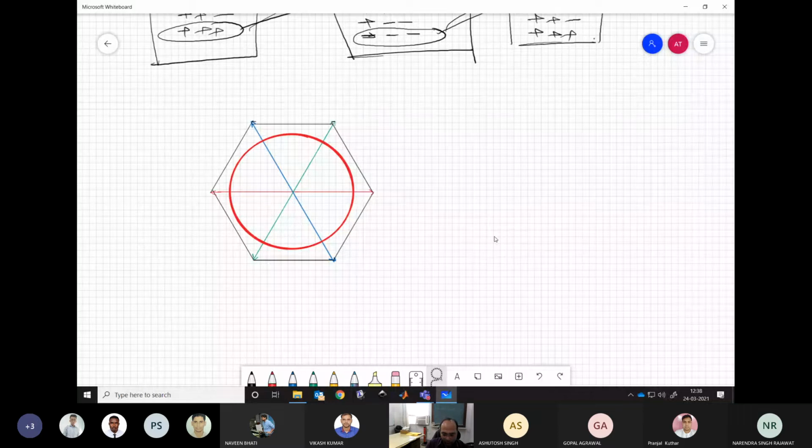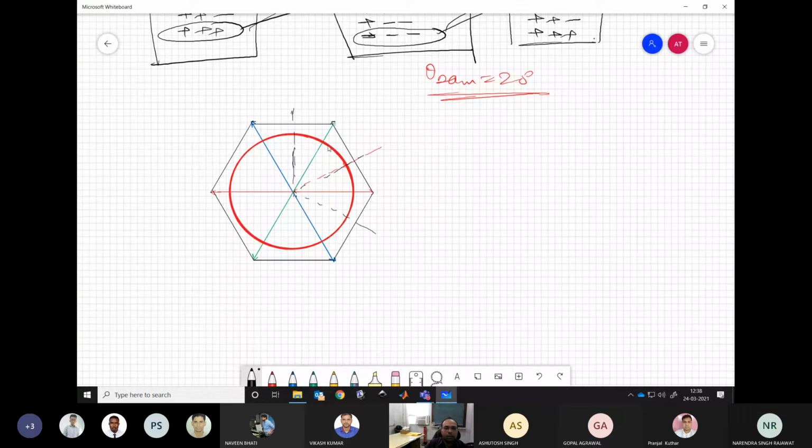So what we have done, again keeping the same thing, theta sampling equal to 20 degree. Now what we have said is that we will keep one sample at the middle of the sector. So that is true for every sector. We have 3 samples in one sector. So every sector middle we have one sample. Let's say I mark these samples by this blue dot.